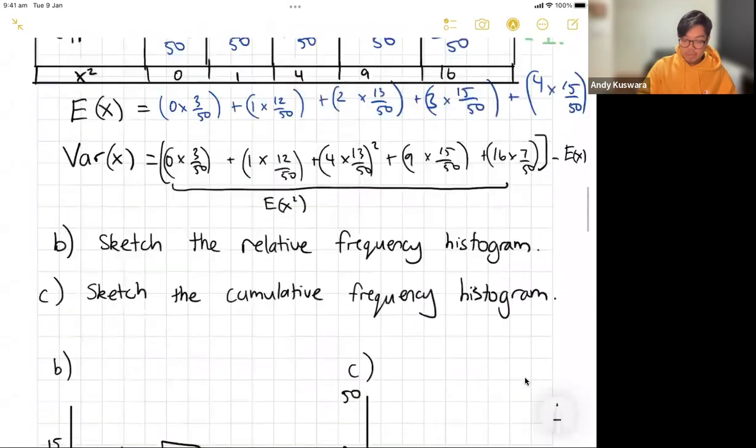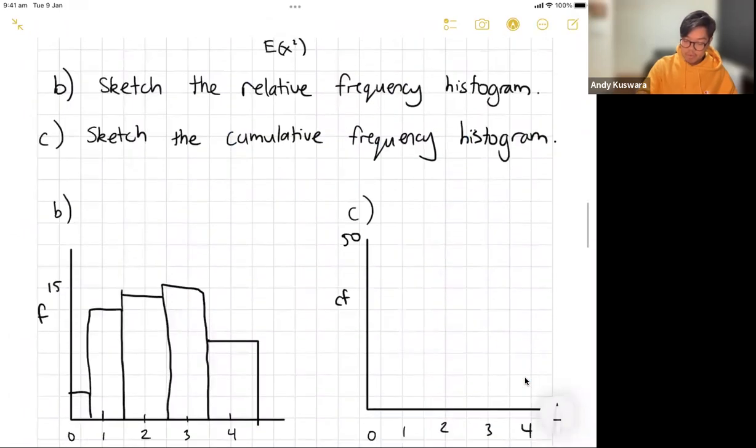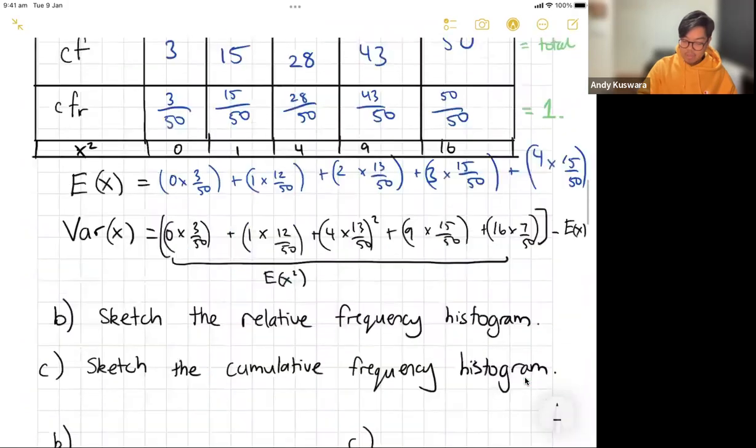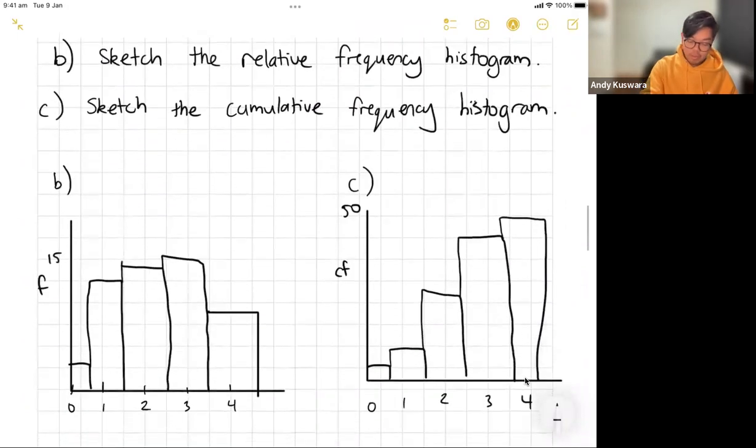Now, if I'm doing my cumulative frequency, it means I add up. So it's going to be 3, 15, 28. We'll go first to 3, then to 15, then to 28. Then from 28, it goes to 43, fairly large, and then from there it goes to 50. So that's kind of what it looks like. If you were to draw your polygon, it'll look a little bit like this.